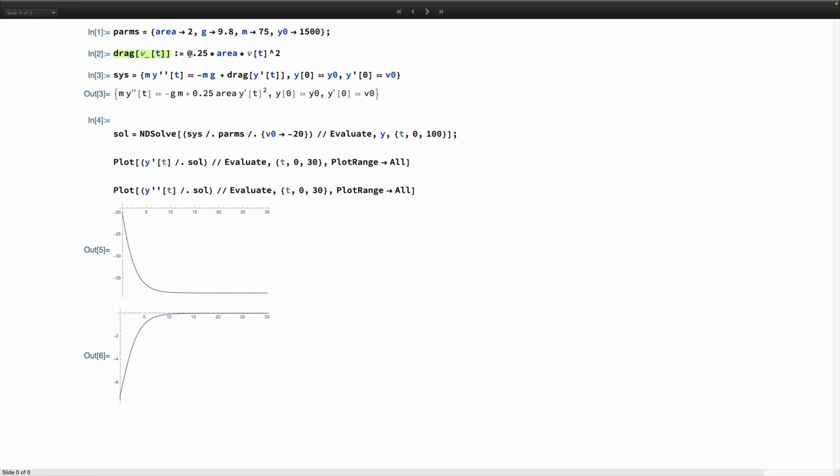I used our skydiver version of the drag equation here with the 0.25 already built in. This doesn't look like it, but this much right here is Newton's second law. This is y double prime, the second derivative of y with respect to t, so this is ma equals minus mg.